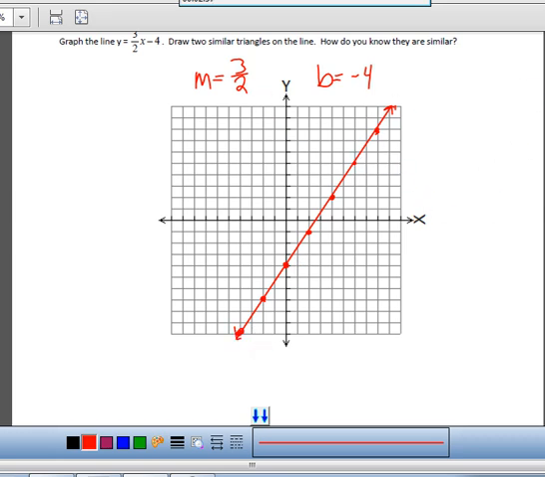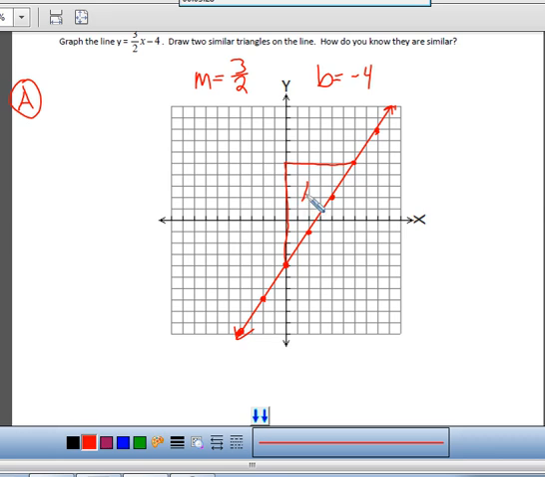Alright, so the first triangle I'm going to do, we'll call it triangle A. I'll go from the y-intercept, from this point to this point. So I'll go over to the y-axis and down.